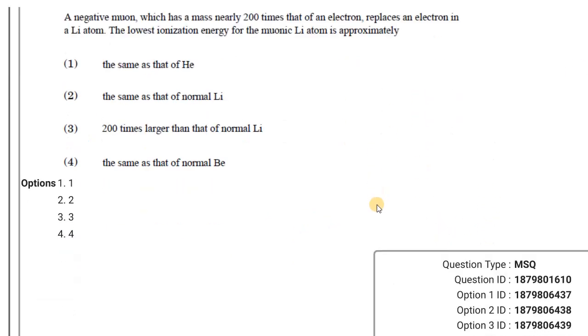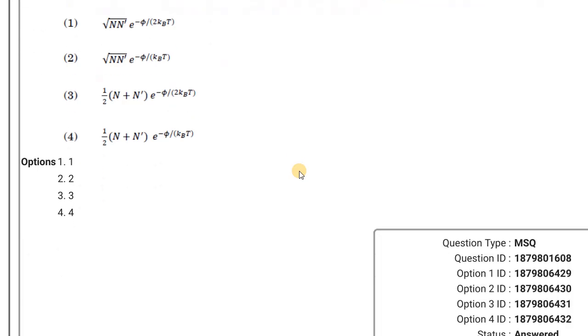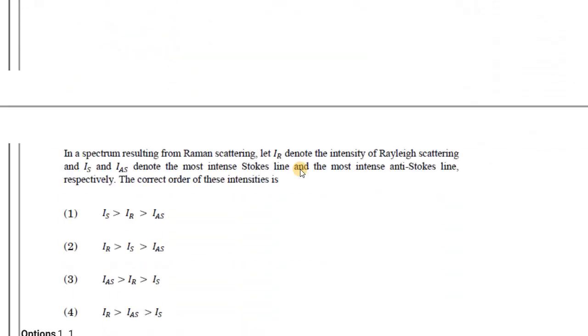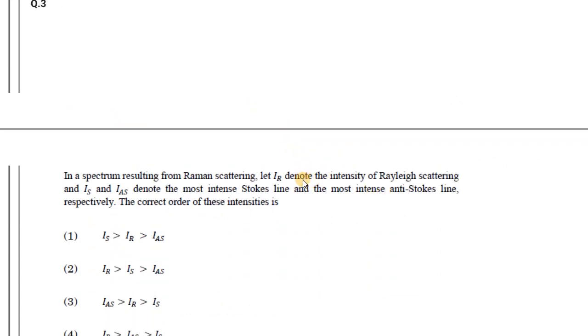So well, this question was also a little bit tough, not very tough I would say, but you might have skipped this, so that is not an issue. I will say the easy questions, I will tell you how easy it was. So here this question was from Raman scattering and Rayleigh scattering. The Stokes and anti-Stokes, you know, right?